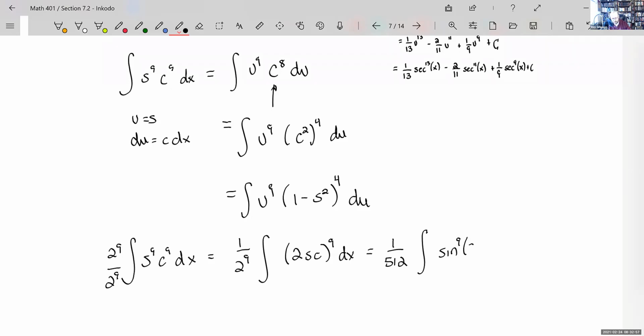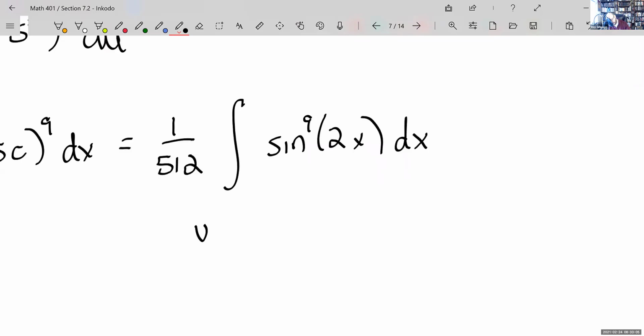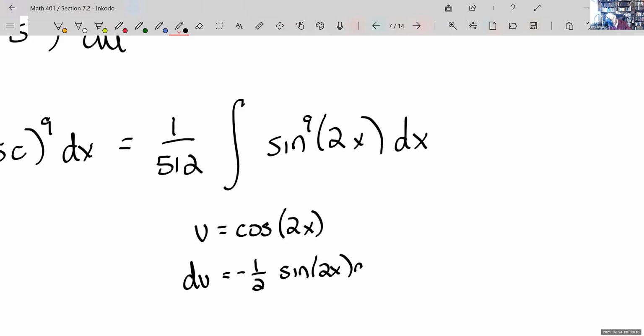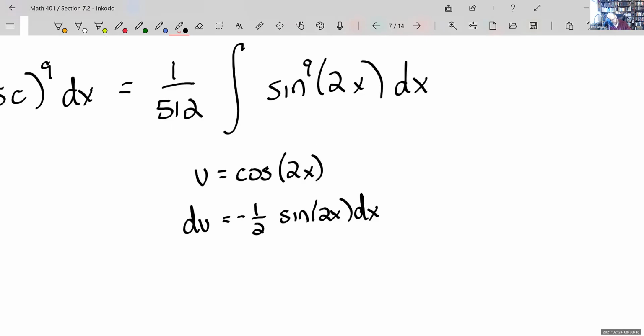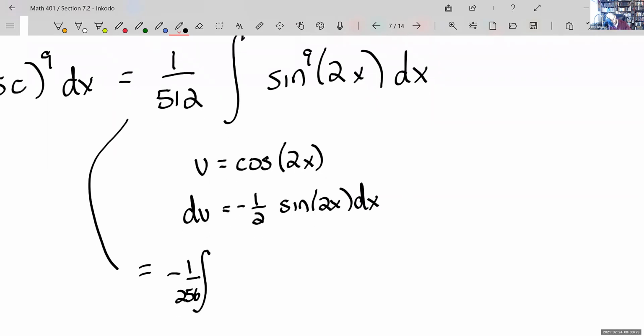Now, I mean, you're going to have the same amount of work, because here you're going to say, well, let u equal cosine of 2x, and then du will steal away a negative 1/2 sine of 2x dx, which is the same. We do have 1/2 to steal away, but not a negative. So our integral will be a negative 1 over 256, and then we'll have a sine to the 8th of 2x du.